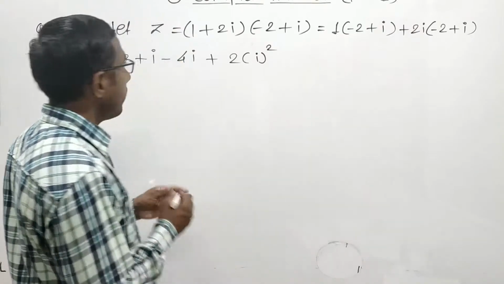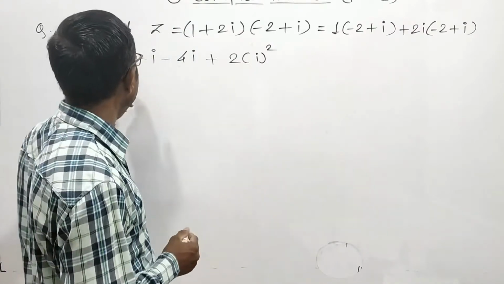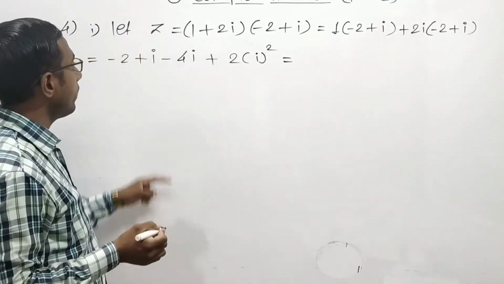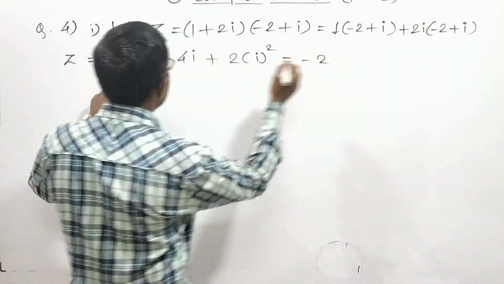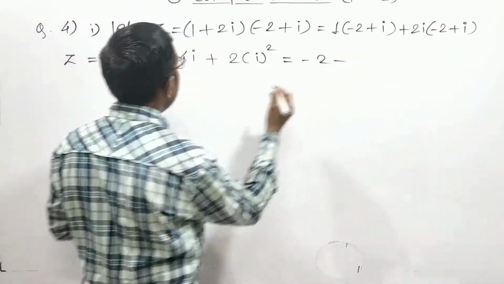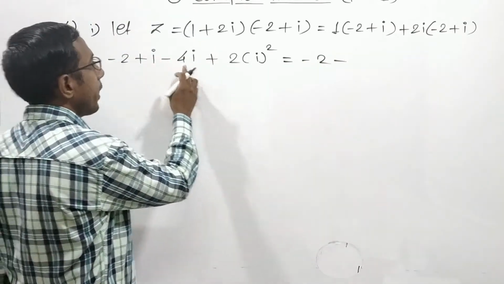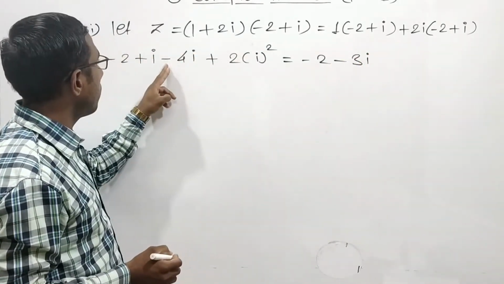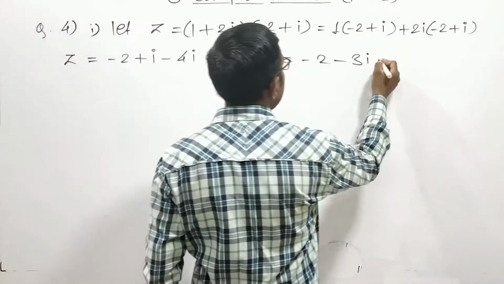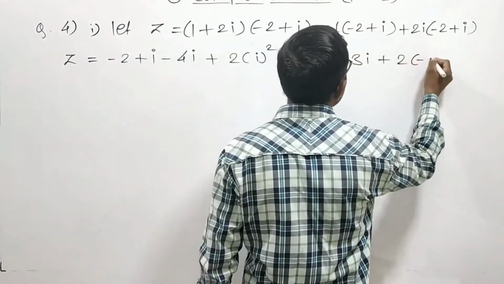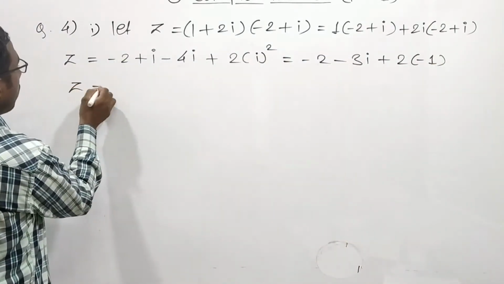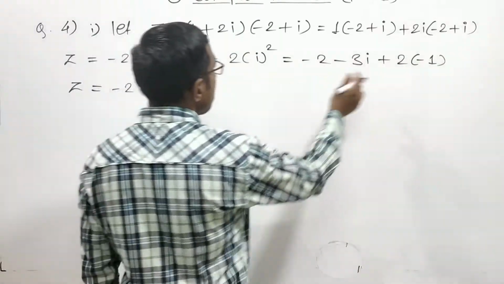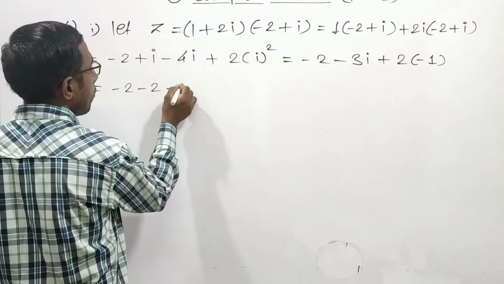So let's see this question. Now what is this? It's minus 2 plus i minus 4i plus 2 times i square is equal to, so it's minus 2 plus i minus 4i, that is minus 3i, and 2 i square, with i square as minus 1. So z is equal to minus 2 minus 2 minus 3i.